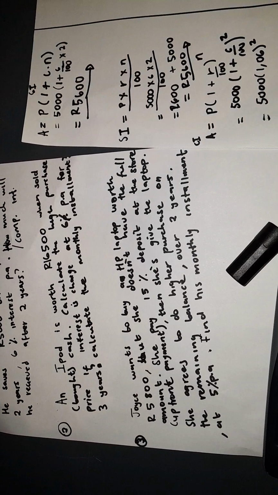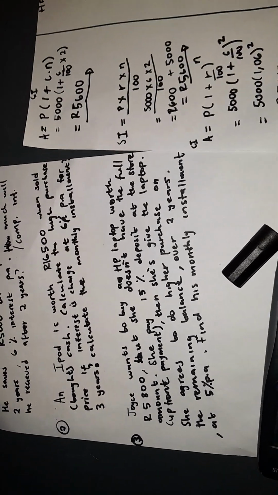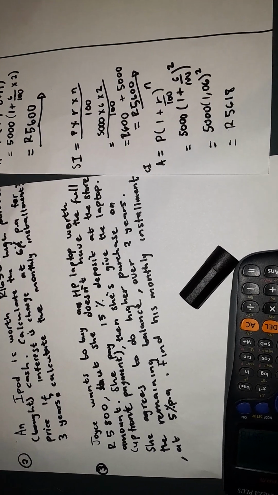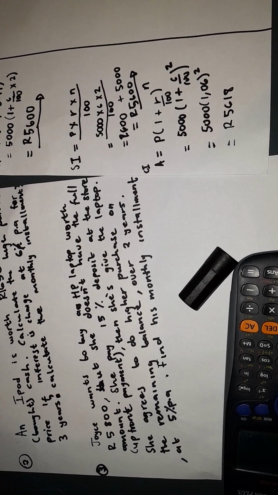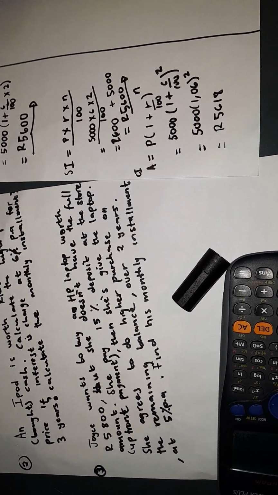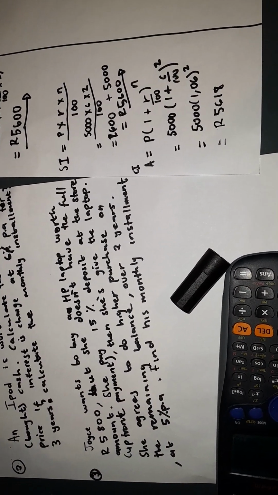So still under hire purchase we will be using the same simple interest formula. So now let's read. It says an iPod is worth 16,500 when sold for cash.